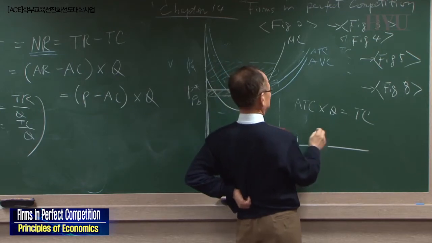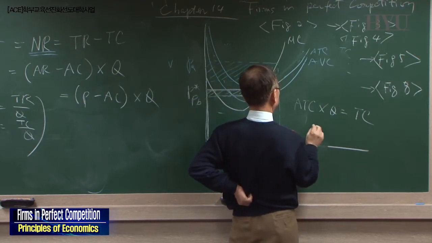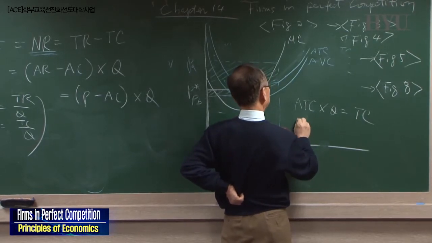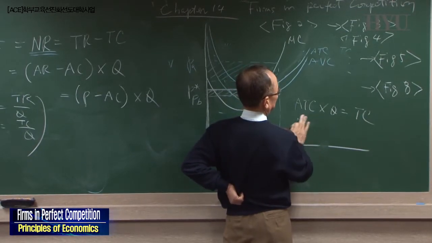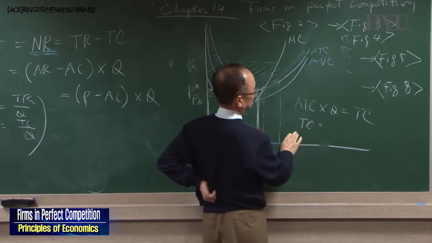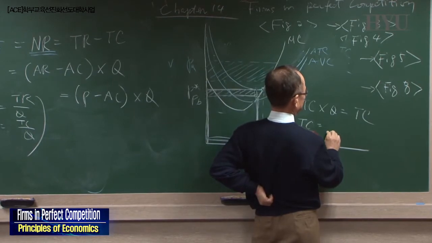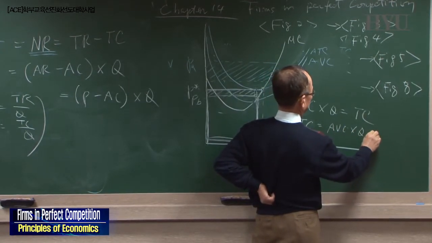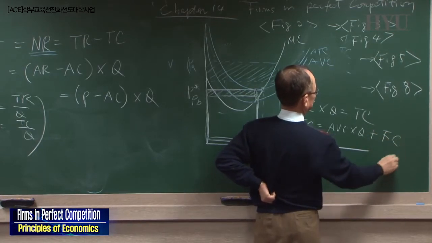Now let's play the game. Our net revenue, okay. TC, total cost, equals average variable cost multiplied by Q plus FC, right?